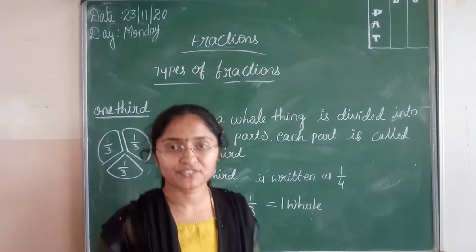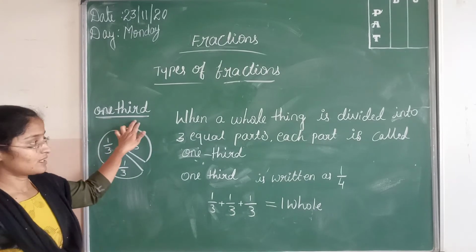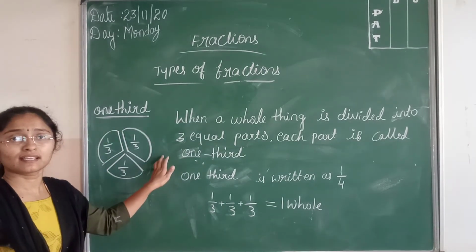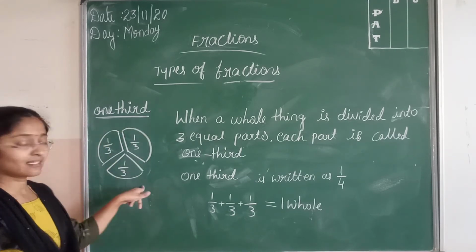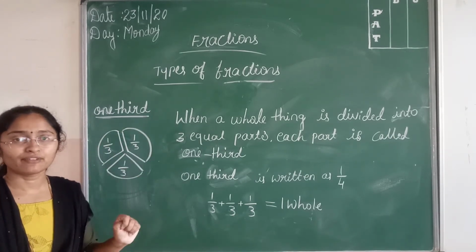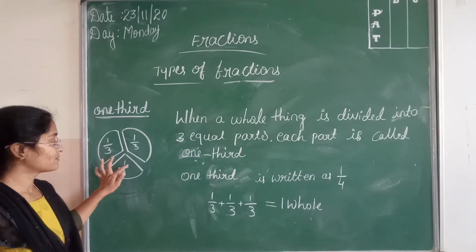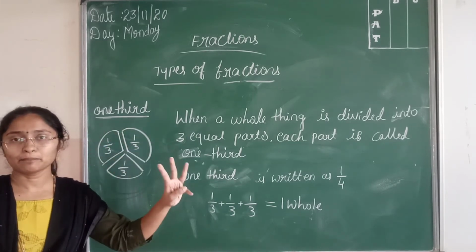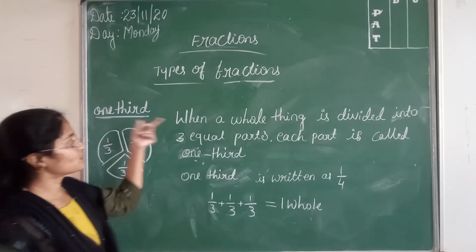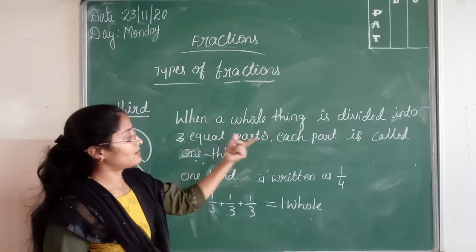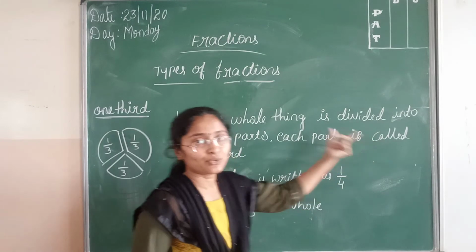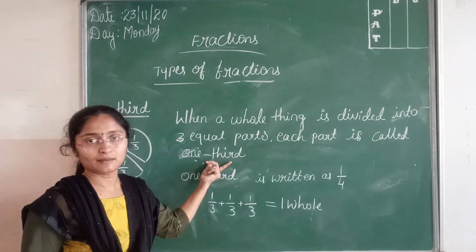So the last fraction is 1/3. When we divide a whole thing into 3 equal parts, we will get 1/3, 1/3, 1/3. 3 pieces of 1 whole. So when a whole thing is divided into 3 equal parts, each part is called 1/3.